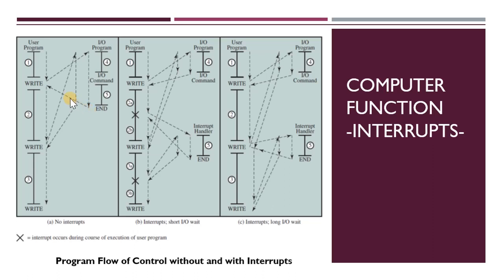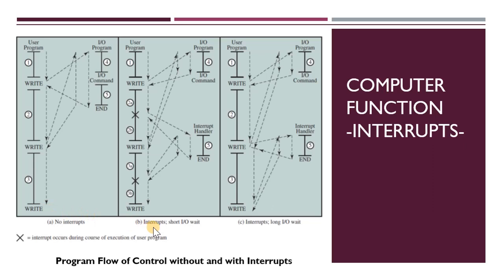Then it passes back to the user program, and the user program continues. Then it calls the write program for the input-output again, and the input-output processes the operation until the end and passes back to the user program until the end of the process.